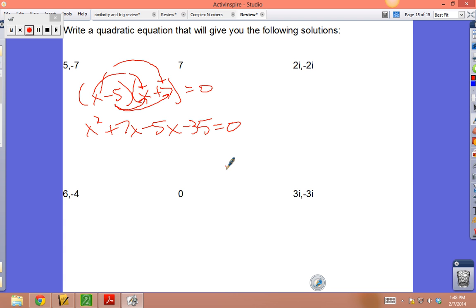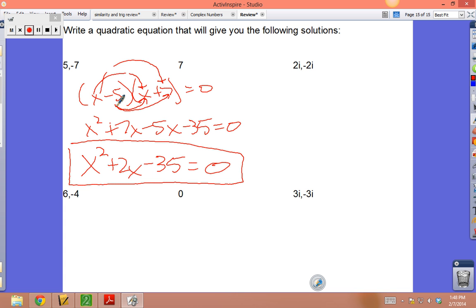So your final equation, you should end up with x squared plus 2x minus 35 is 0. So this is the equation that gives you these two solutions. So if I give you the solutions, it's not too bad to work backwards and find the equation. So now go ahead and see if you can figure out the remaining 5.